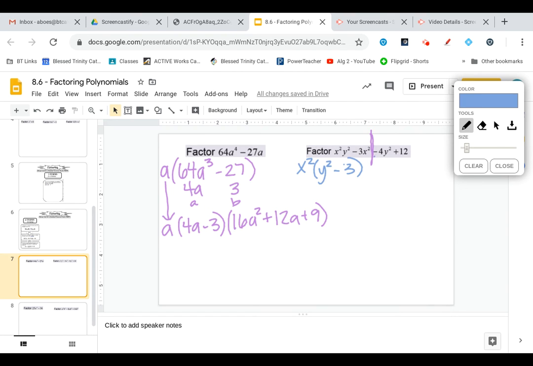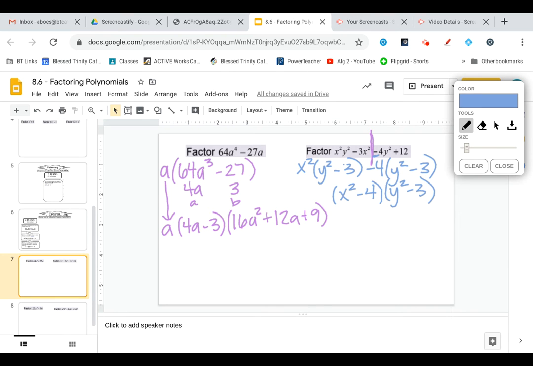Well, my leading coefficient's negative, so I need to factor a negative out of there. And 4 can go into both, which would leave me with y squared minus 3 left over. So then I've got x squared minus 4, my two GCFs, times y squared minus 3.